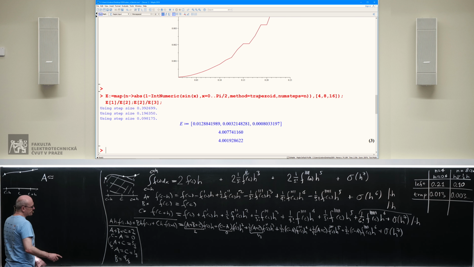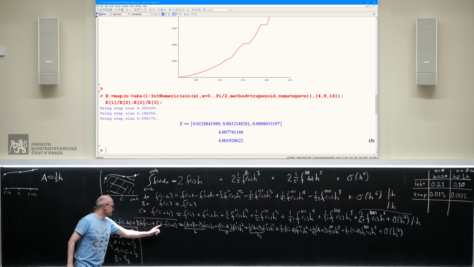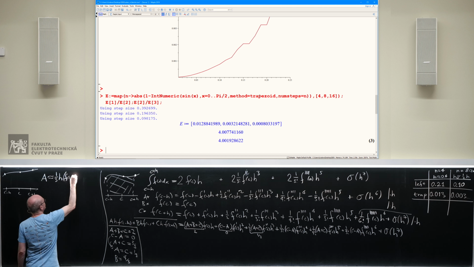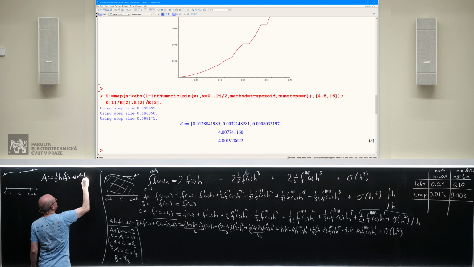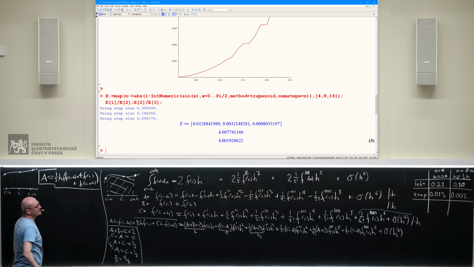So, if I factor out 1/3 to make my life easier, and if I factor out H out of these guys, then the formula reads F(C minus H) plus 4 times F(C) plus F(C plus H). And that will be the key for our final work.